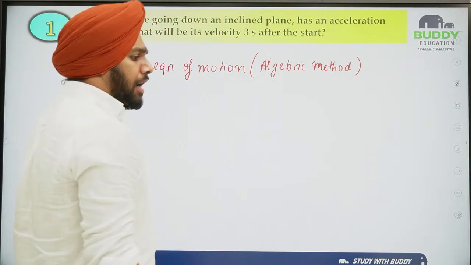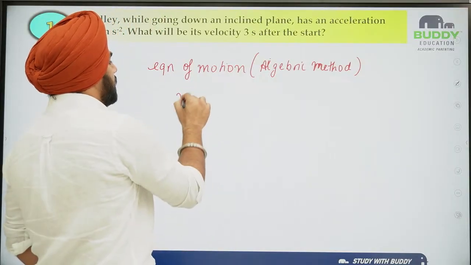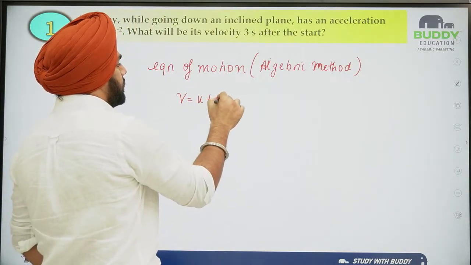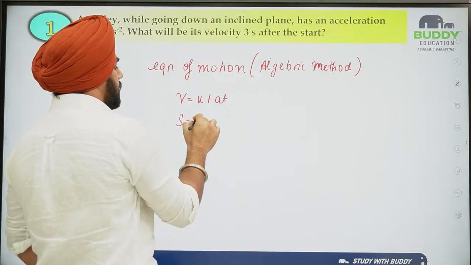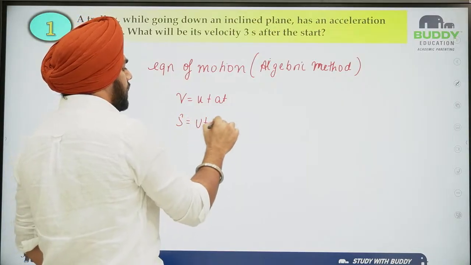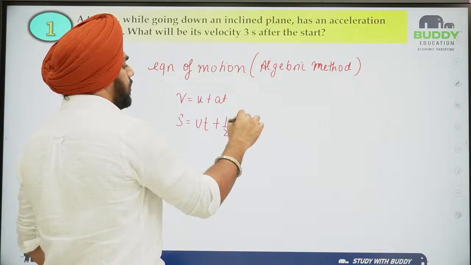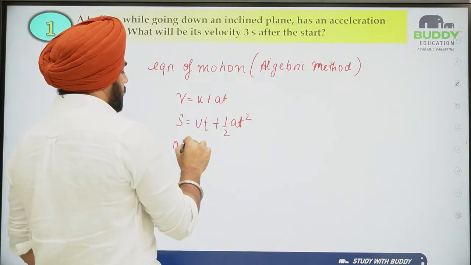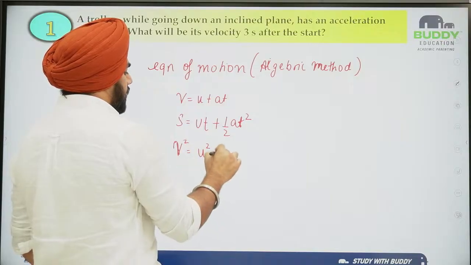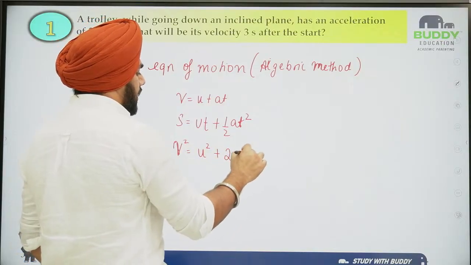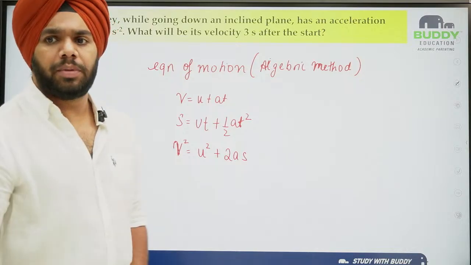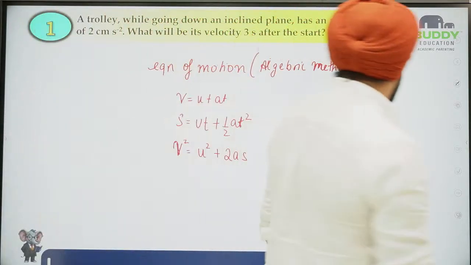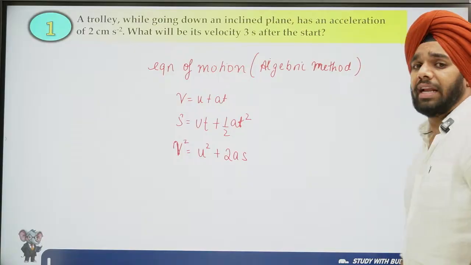So now we have three equations of motion. v is equal to u plus at, s is equal to ut plus half at square, v square is equal to u square plus 2as. This is how we will derive.